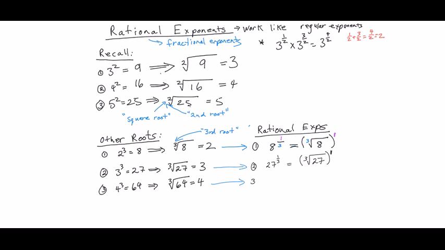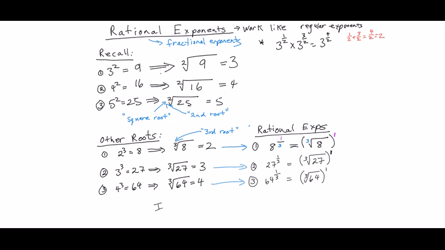Let's do that again, this time for 64. So 64 to the 1/3 is the same as the third root of 64 in brackets raised to the power of 1. You'll notice that the numerator always goes to the outside.